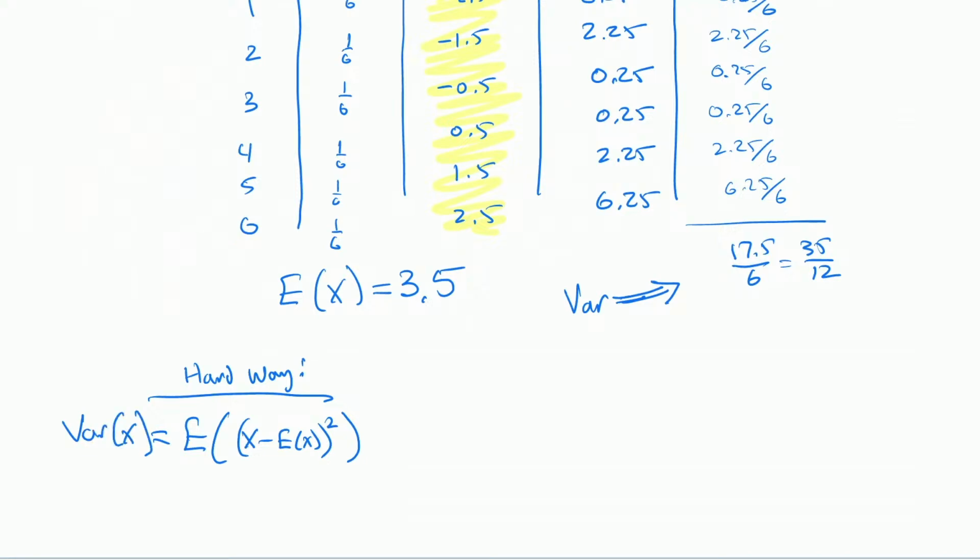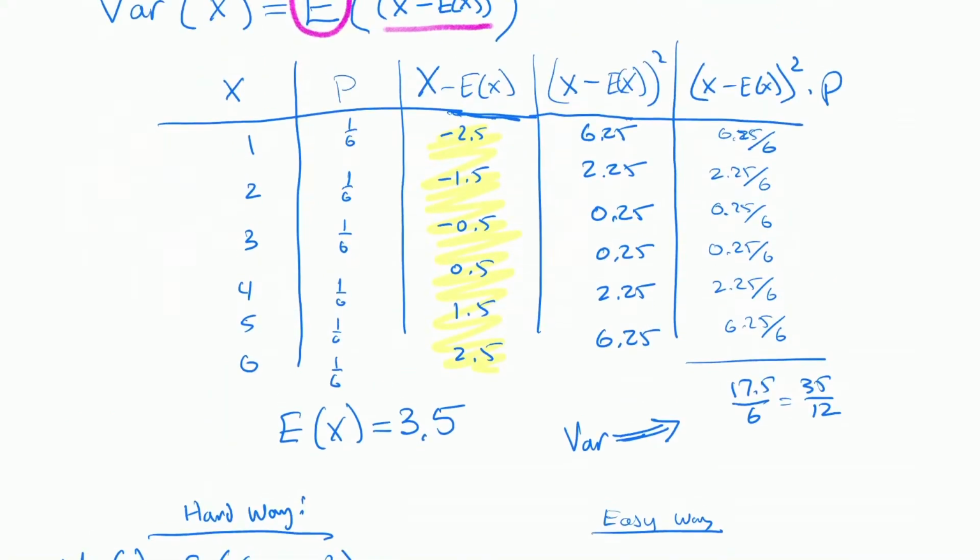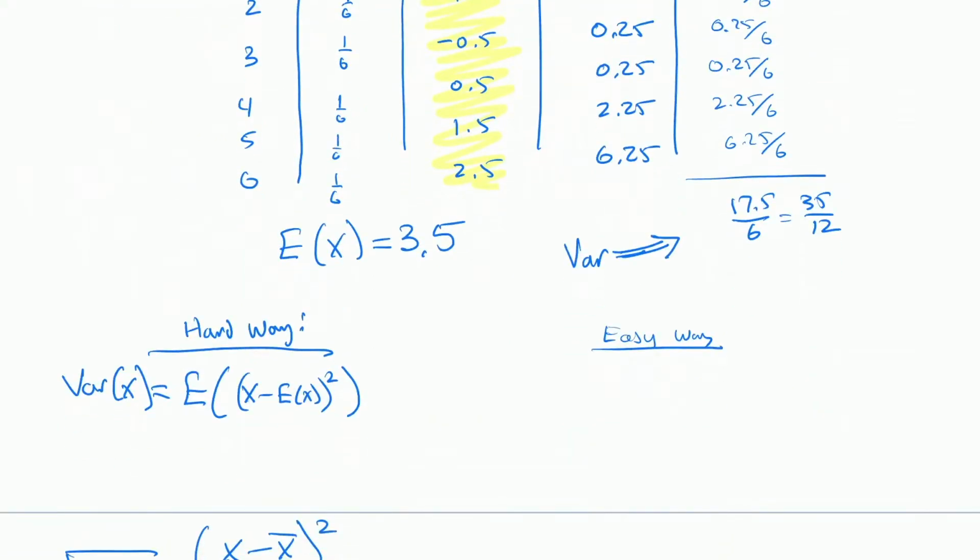It turns out that there's an easy way. These two methods are algebraically identical. That is to say, if you were to write out all of this, expand it, simplify, move things around, and collect like terms, you get exactly this, super easy.